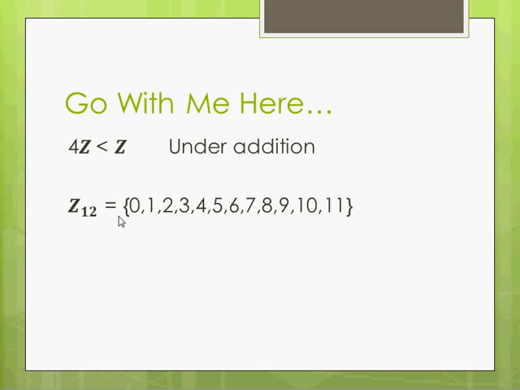Okay, so Z12, we're talking mod 12. What are the possible values? Well, it's 0 through 11. I hope you have some experience working with congruence classes, but if you don't, it's basically just all the remainders when you divide a number by 12, 0 through 11.